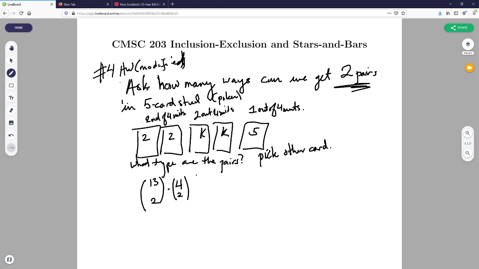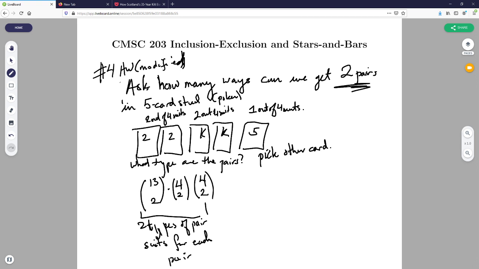And then we have to pick another 2 suits out of 4 suits. So this here is choosing the 2 types of pair, and then it's choosing the suits for each pair.